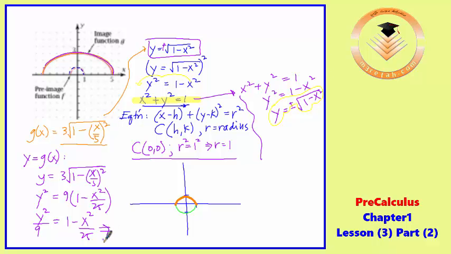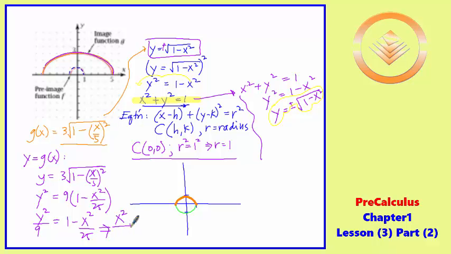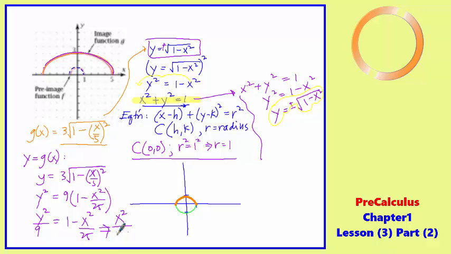Now as you notice, this is an equation of an ellipse. Transposing x to the other side, we have x squared over 25 plus y squared over 9 equal to 1, which is an ellipse.